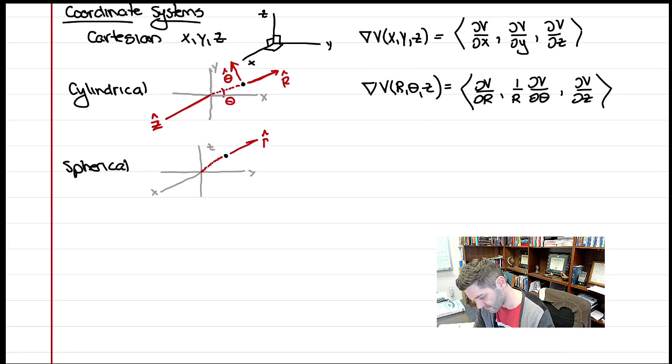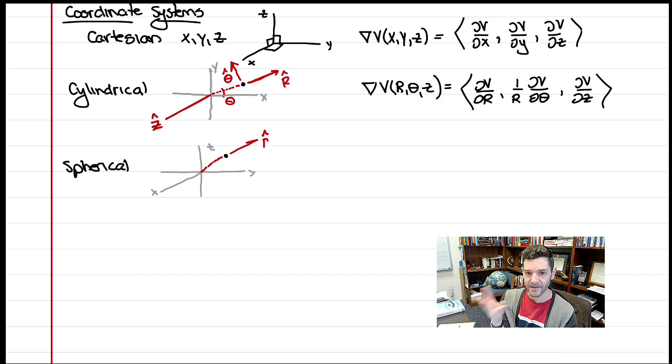Then there are now 2 angles I can describe. And this one you might have some intuition with, because it's essentially the same idea as latitude and longitude. I can tell you where exactly we are on the surface of the Earth if I tell you a latitude and a longitude, which are technically 2 angles. Not physical locations, but 2 angles that tell me where to look on the surface of a sphere.